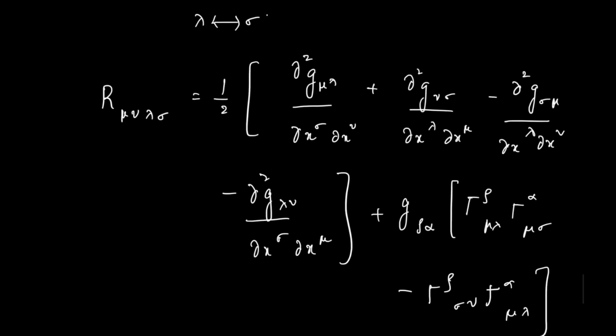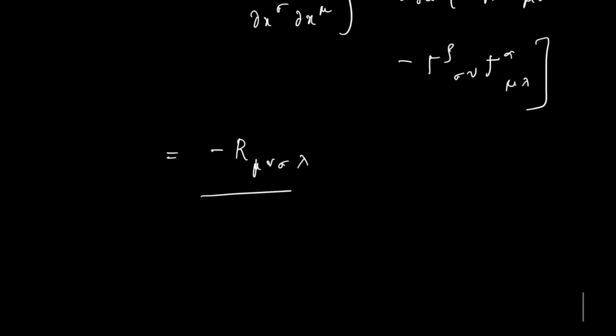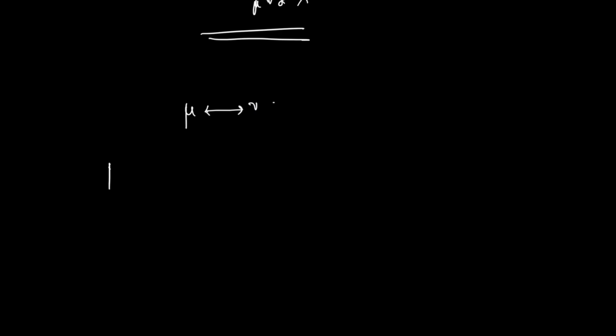So when I exchange the last two indices, I am getting negative of R. Now let's interchange the first two indices, that is mu and nu. Then I'll get R nu mu sigma lambda is equal to half of, wherever there is mu, I am going to replace it with nu and nu with mu.